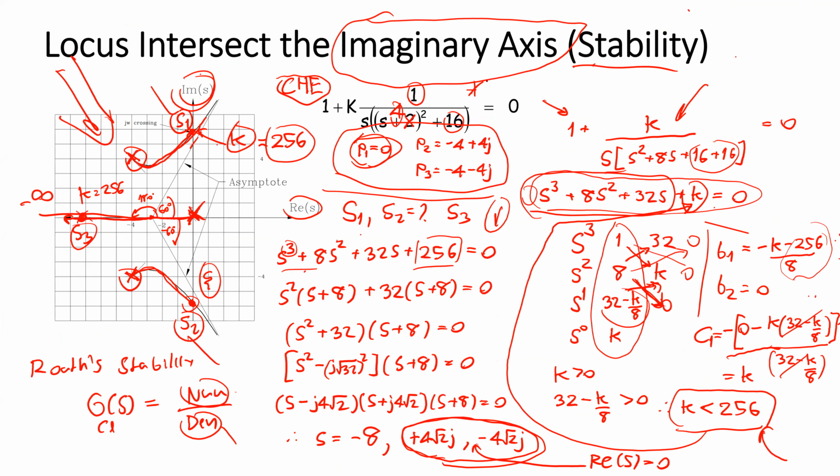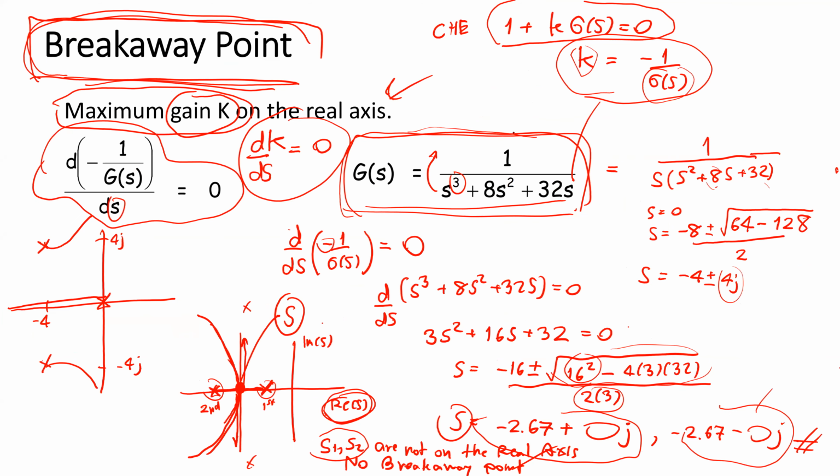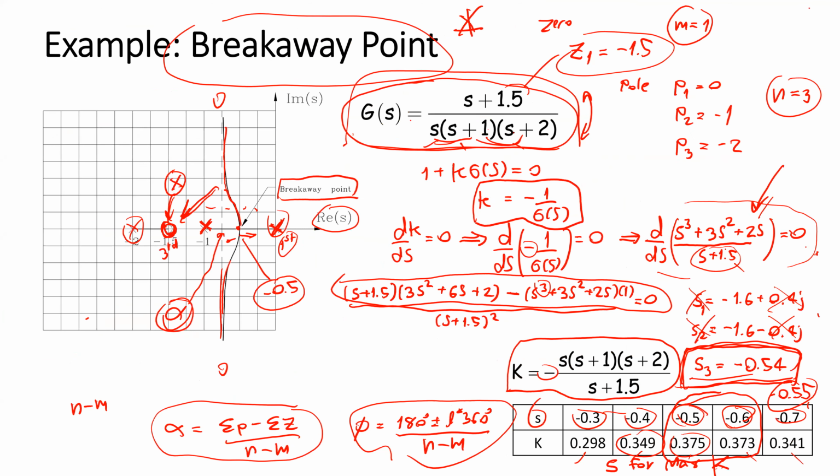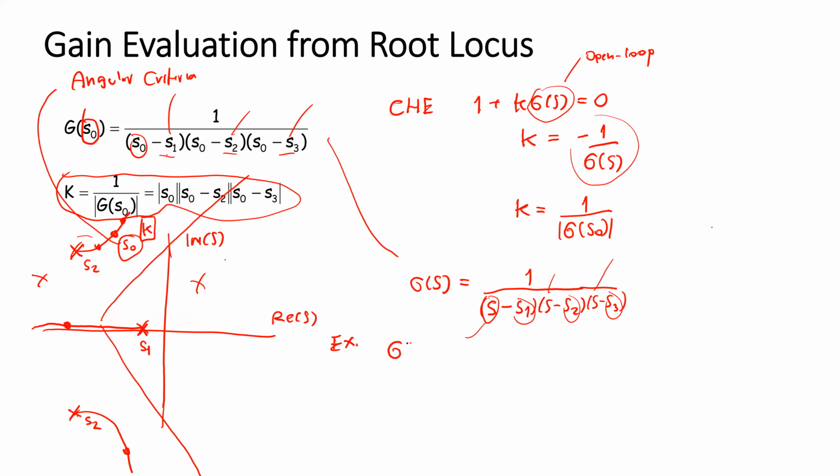When we have poles at 0 and -4 plus and minus 4j, it means we have the open loop transfer function equal to 1 over s times ((s plus 4) squared plus 16).